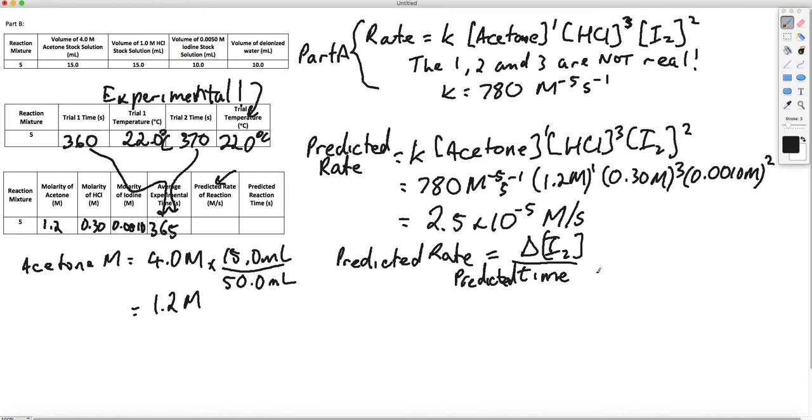Now, predicted time is what we're going to be looking for. So predicted time is going to be the change in concentration of I2, divided by the predicted rate. So that's just from rearranging that equation.